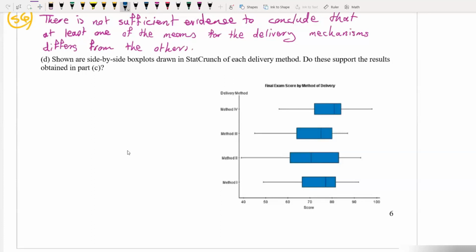Based on what I have here, the box plots all have around the same center, and that means we're not going to reject the null. There's not that much difference between all these four. It's approximately the same.